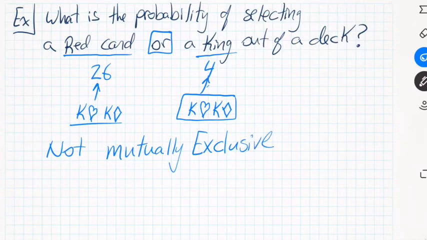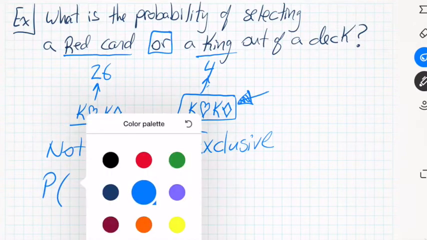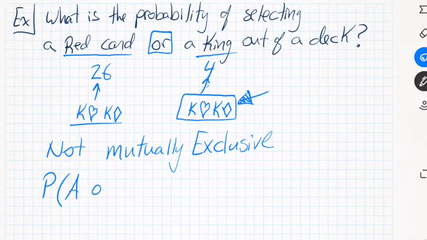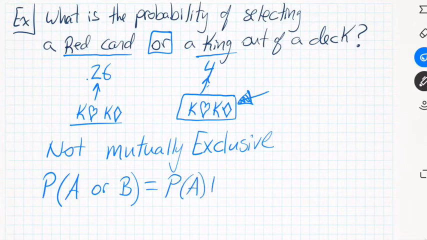And the formula for not mutually exclusive has a little bit of subtraction because of this overlap of the King of Hearts and the King of Diamonds. So the formula looks like this. The probability of A or B, where A is the red card and B is the king event, is going to equal the probability of the first one plus the probability of the second one.